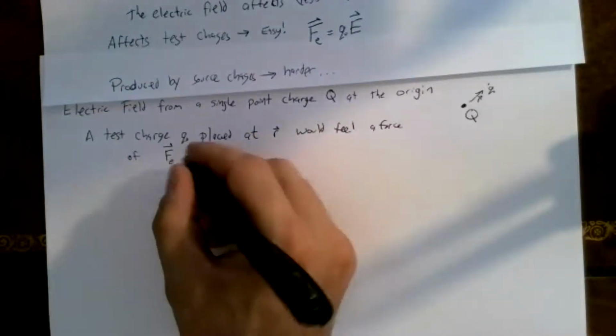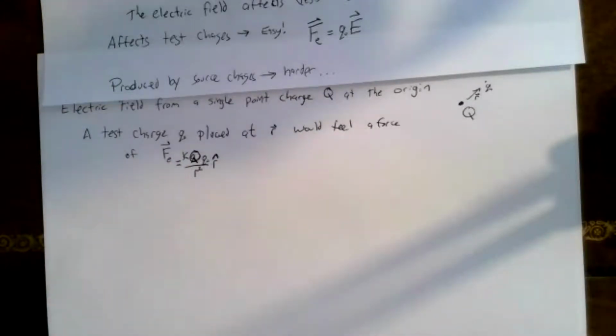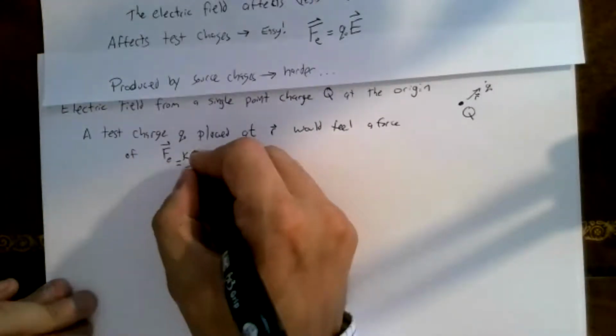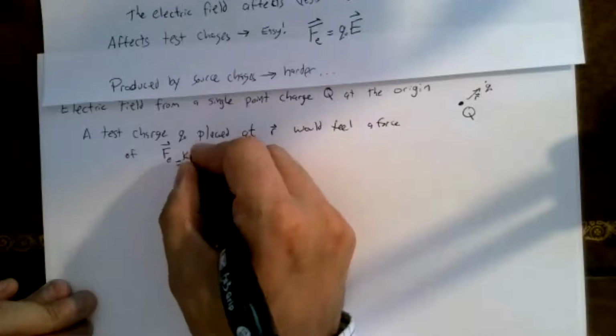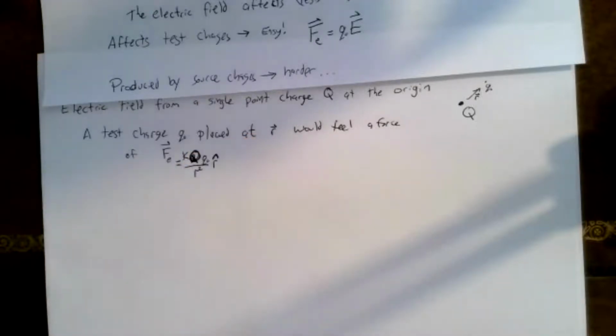So the electric force equals Coulomb's constant, times Q, times the test charge, over r squared, times r hat, the unit vector. That's right, and that's just from Coulomb's law.